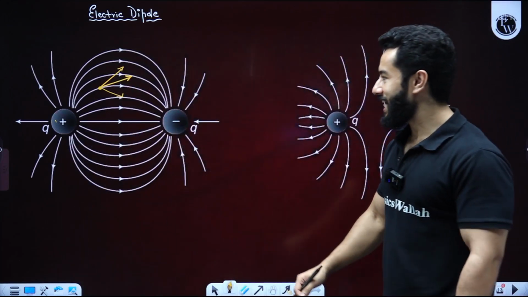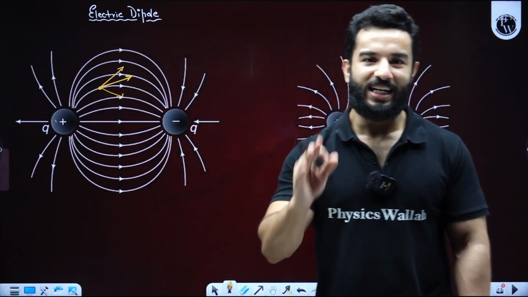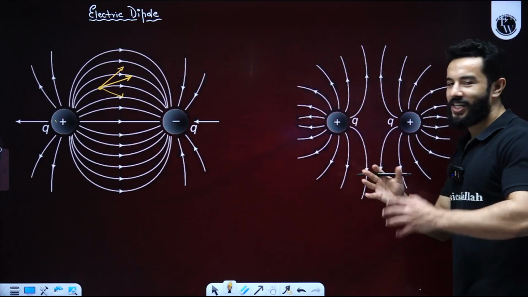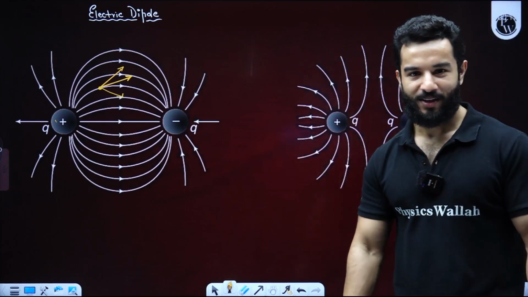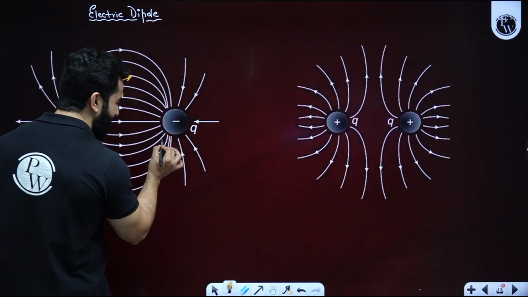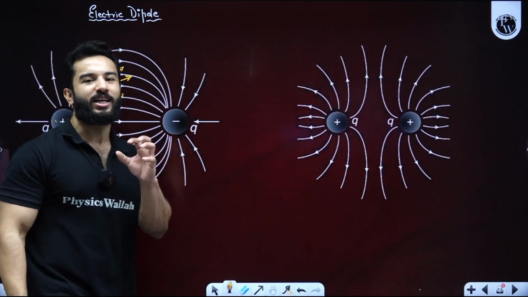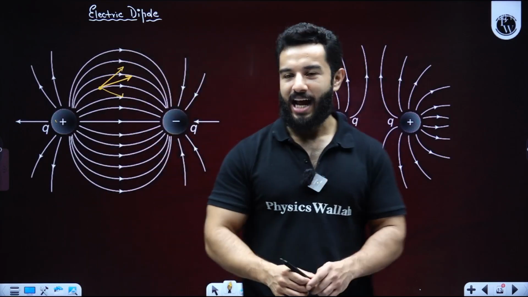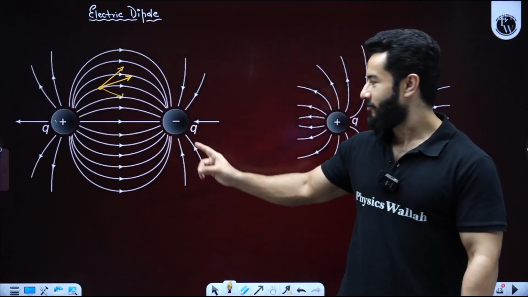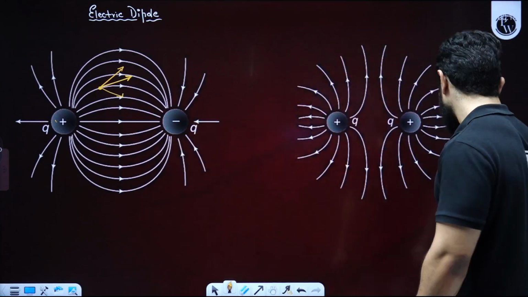At any point, if you want to find the direction, just draw a tangent at that point. You will get the net force and net electric field. Similarly, two positive charges' electric fields will repel each other. Near the charges you have greater electric field intensity, greater strength of the electric field, because the lines are crowded. And at charges, always remember they enter at 90 degrees. Even if it doesn't look like they do, they do enter at 90 degrees.